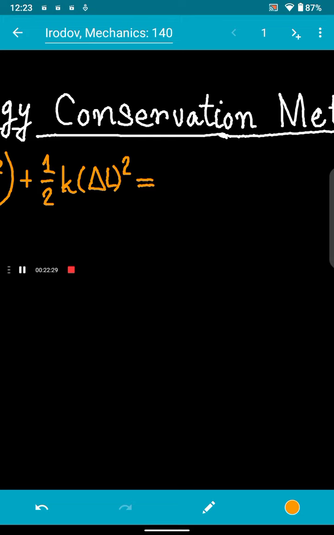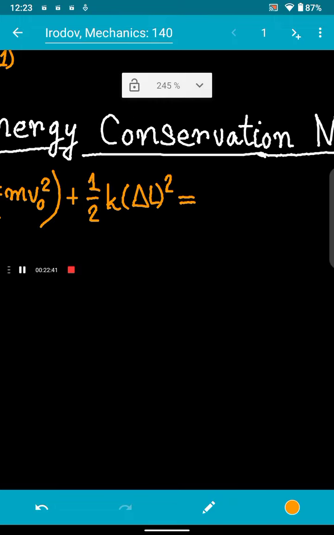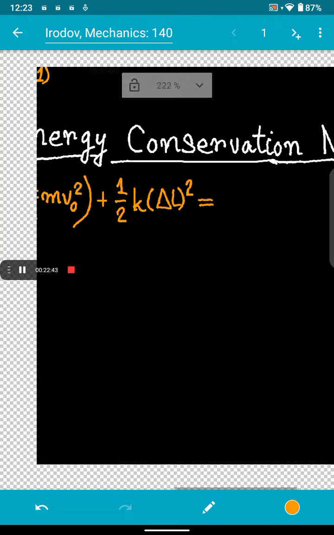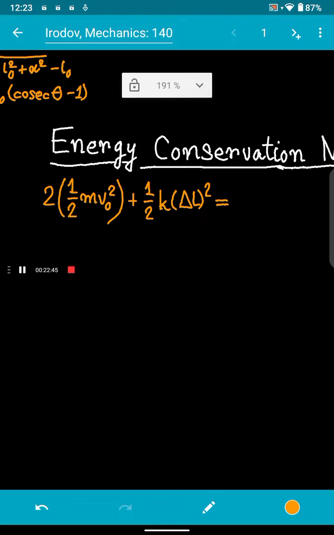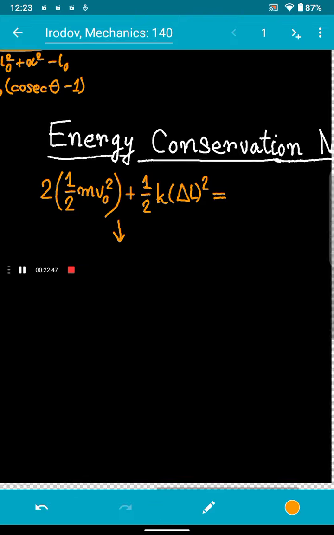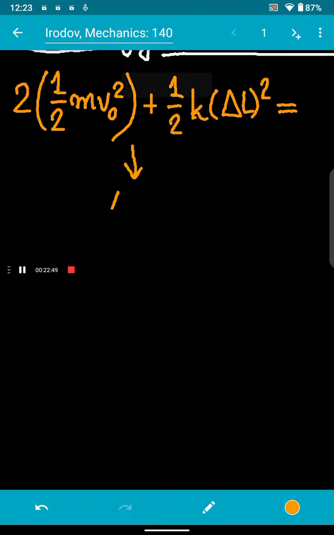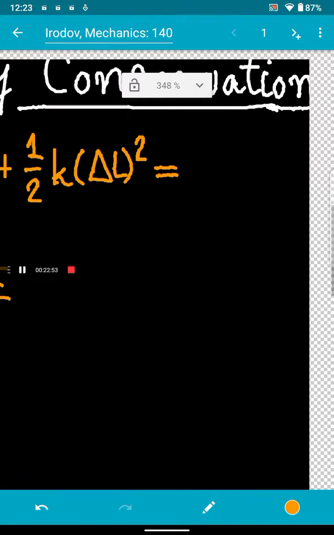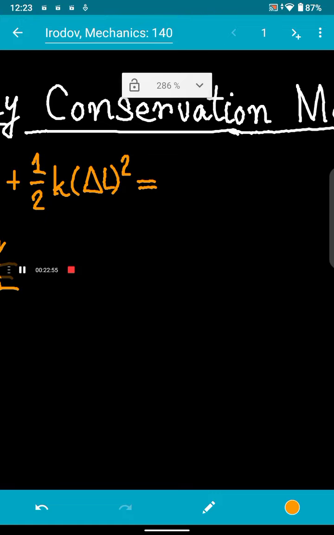What has given rise to this energy? You may observe that, more accurately, I am writing the Work-Energy Theorem. Why? Because that is the total change of energy here. This is delta E, and we have a work done here.